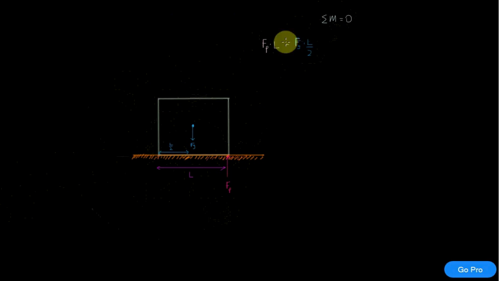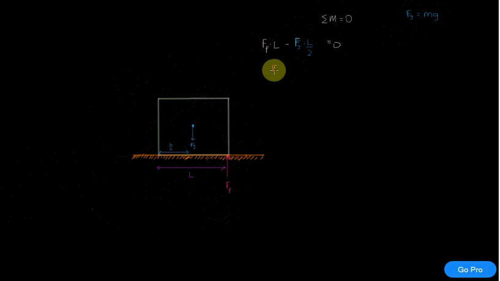And all of that has to equal 0. There's just one more thing that I want to substitute in. We know that the force of gravity acting through the center of mass of the object is just equal to the mass of the object times the gravitational acceleration, right? So I'm just going to replace that in our particular scenario over here.